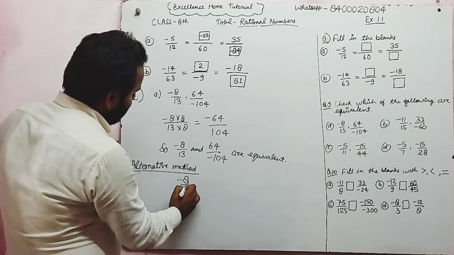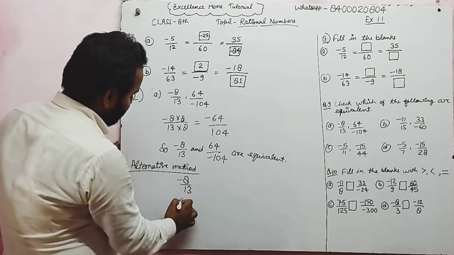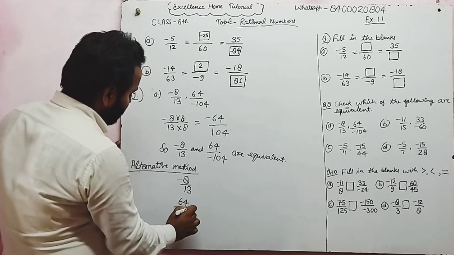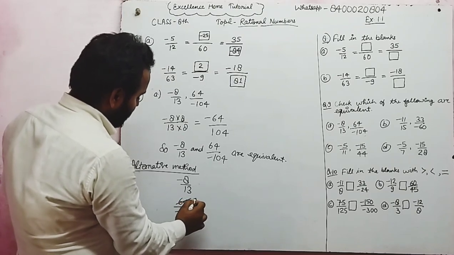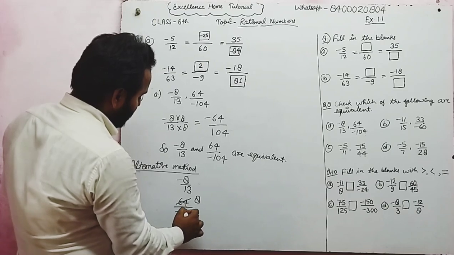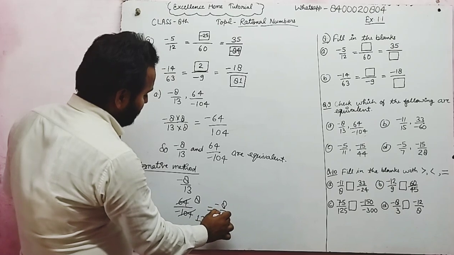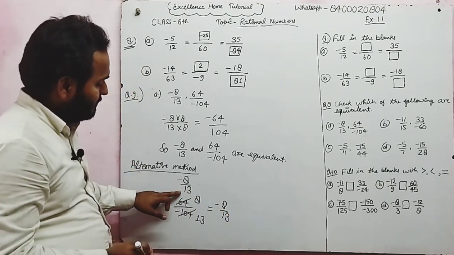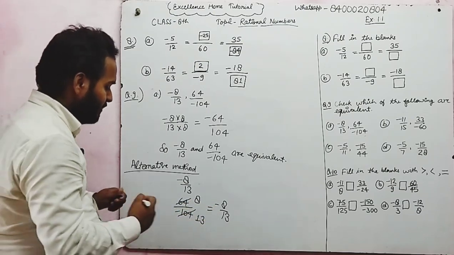Minus 8 by 13 is written as such, and 64 by minus 104 is cancelled: 8 times 8 is 64, 8 times 13 is 104, that means minus 8 by 13. So we have observed that minus 8 by 13 and minus 8 by 13, both values, are equal.